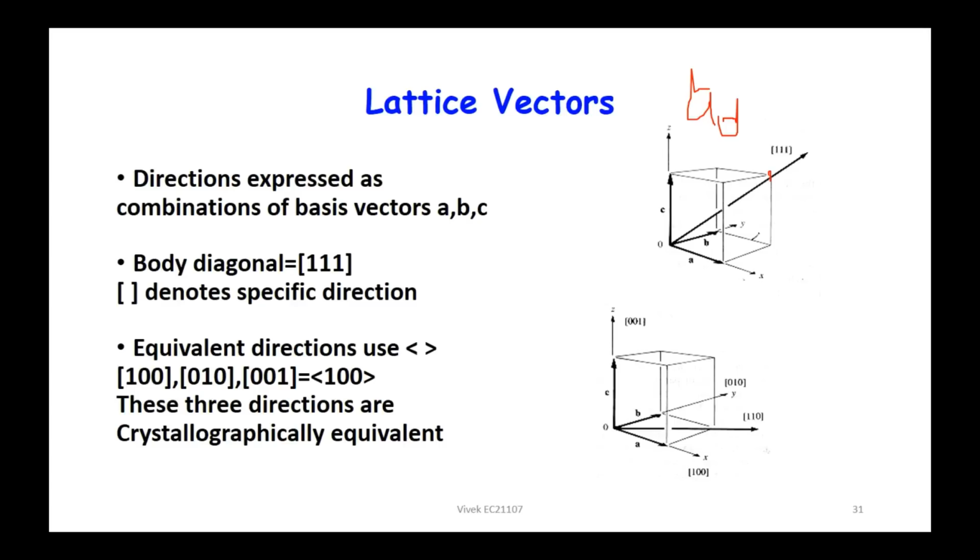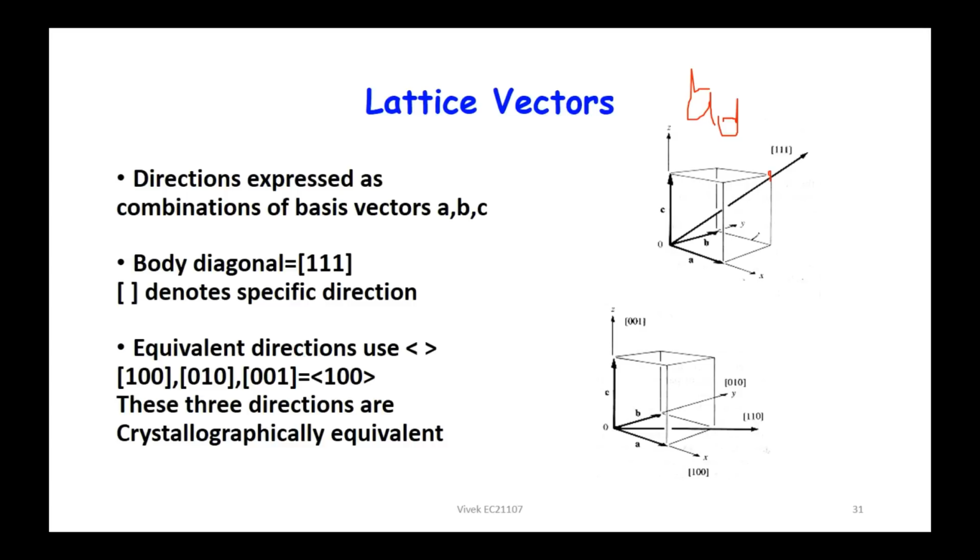There is a way to define equivalent directions. So please note two types of bracket. Square brackets define a particular direction, and this triangular bracket defines equivalent directions. For example, a cube is symmetric along the x-axis, y-axis, z-axis.